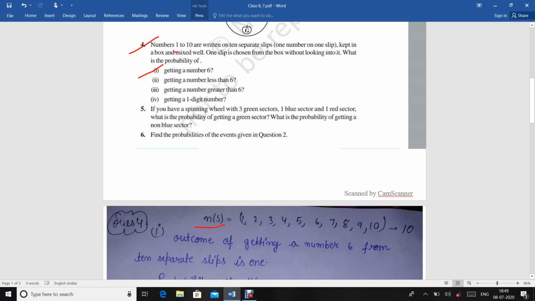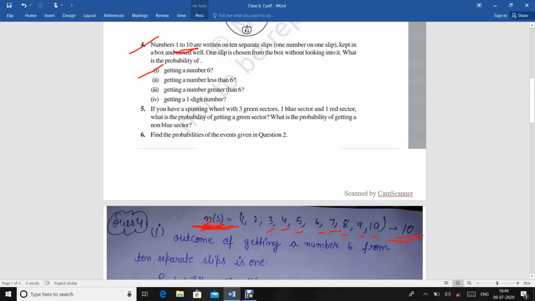Numbers 1 to 10 are written on 10 separate slips, that is 1 2 3 4 5 6 7 8 9 and 10. So the total number of sample spaces is 10.